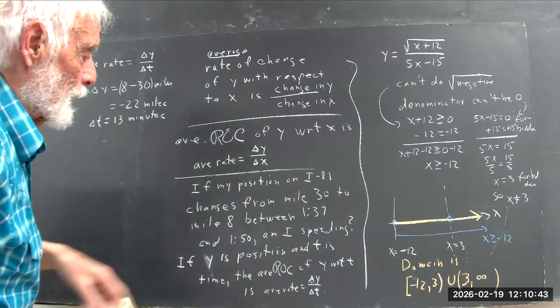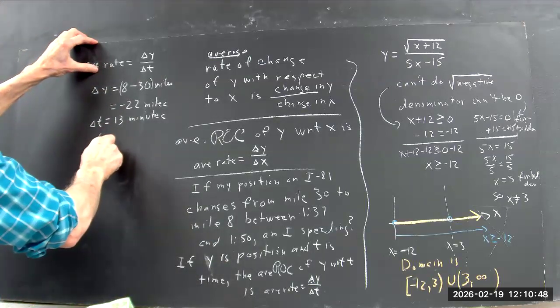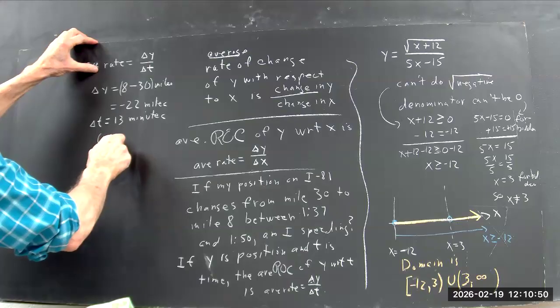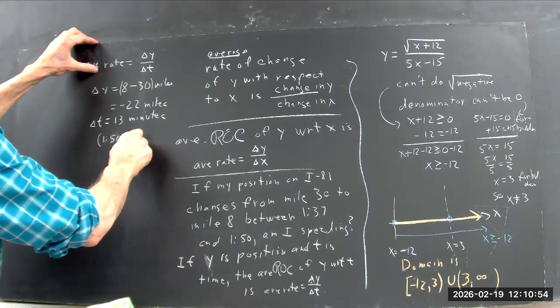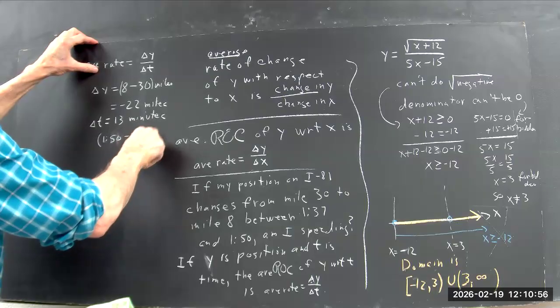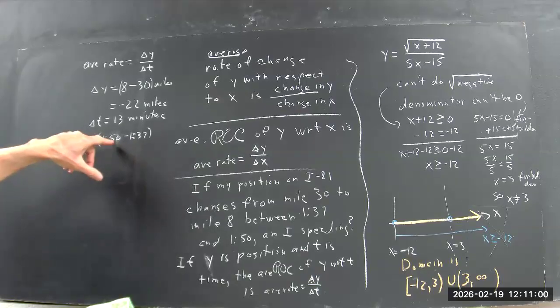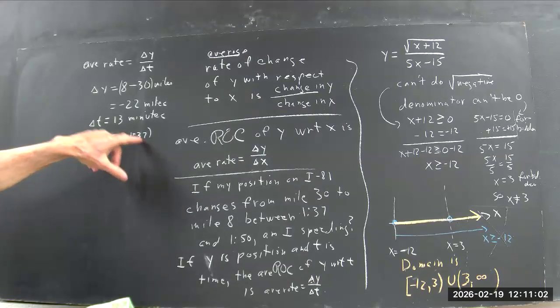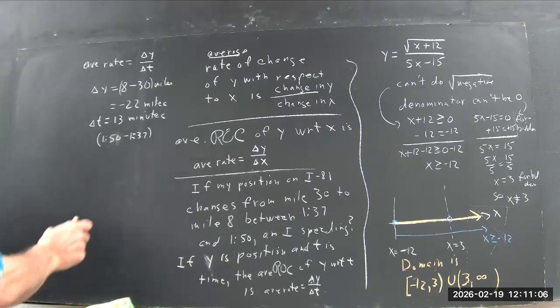Okay. Now I would subtract 1:50 minus 1:37. But those are times on the clock, and clearly 50 minus 37 is 13, okay? And you can see it's 13 minutes.